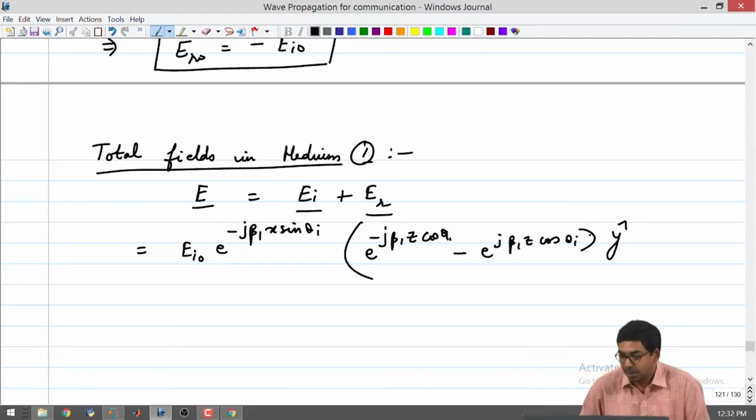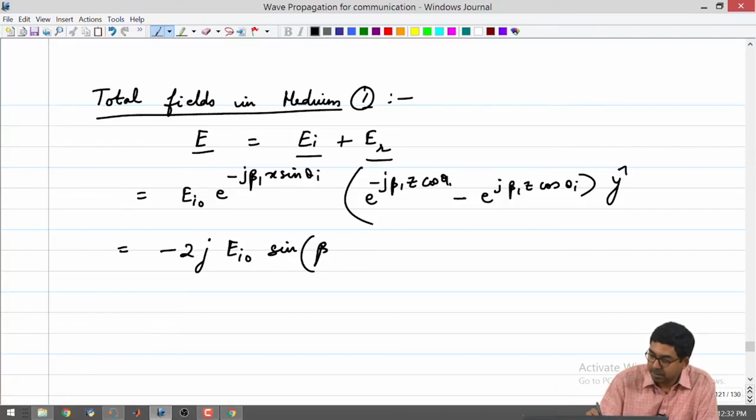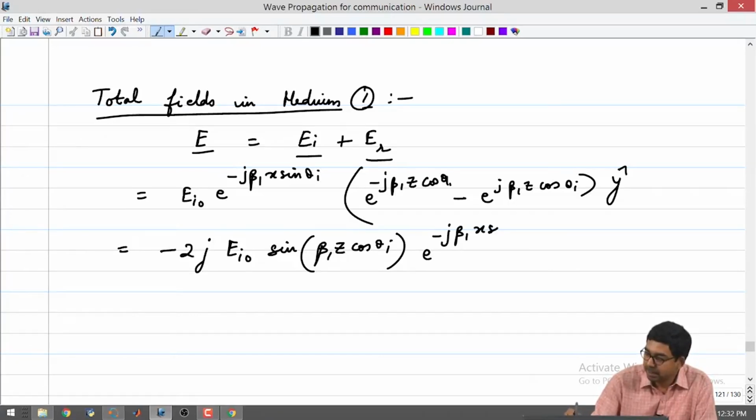I wanted that with respect to z, so that is why I have grouped them together. So, I can just write this as minus 2j EI naught sin of beta 1 z cos theta I, times e to the minus j beta 1 x sin theta I, right.